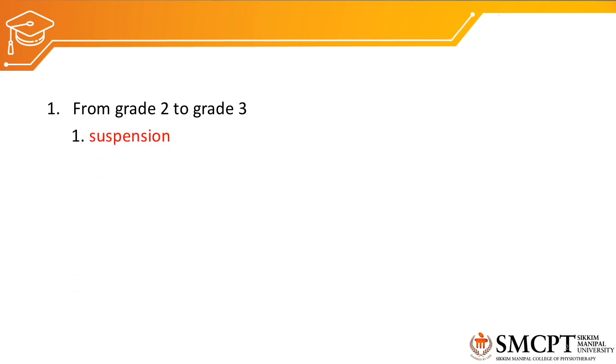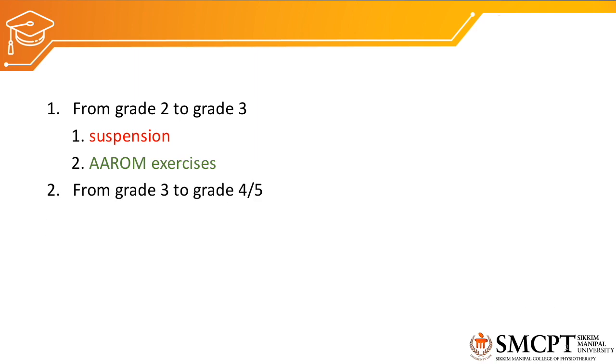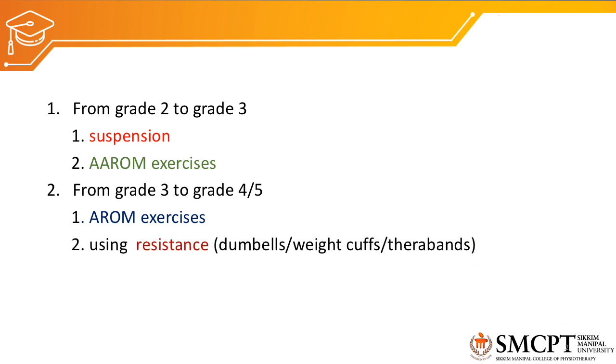We can improve by using suspension and active range of motion exercises. Now how can we take the muscle strength from grade 3 to grade 4 or grade 5? We can do so by using active range of motion exercises, and after that we'll be using resistance.